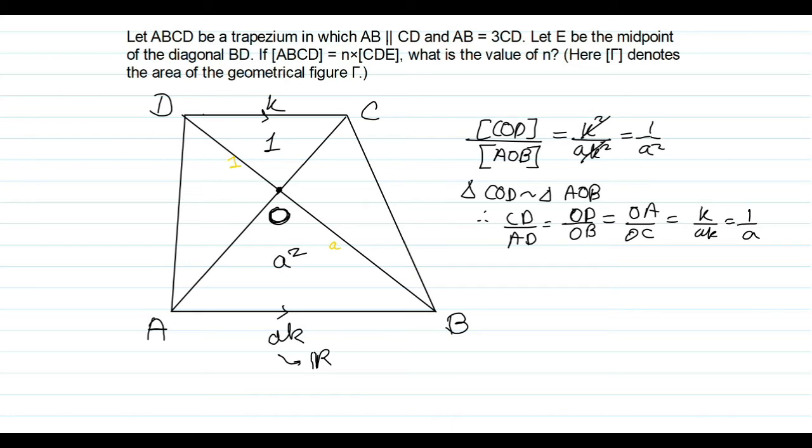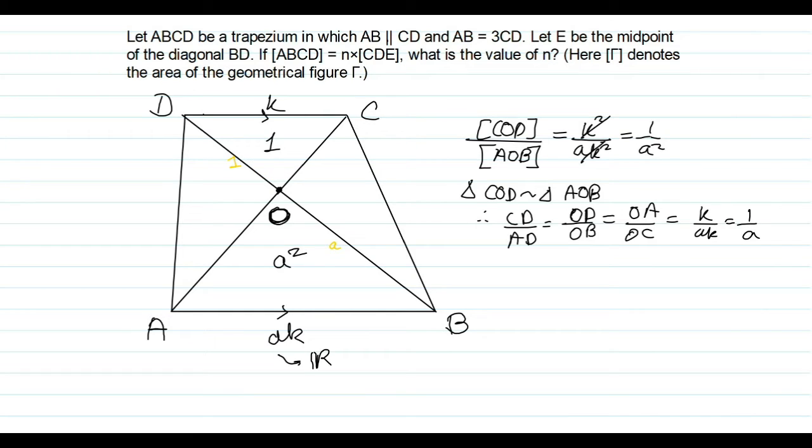Now it is again 10th standard geometry to see that in triangle CDB, we have two triangles CDO and COB whose bases have been divided in the ratio OD is to OB. Therefore, the areas of these two triangles will also be in the ratio 1 is to A, because for two triangles whose bases have been divided in a particular ratio, their areas are also divided in that ratio.